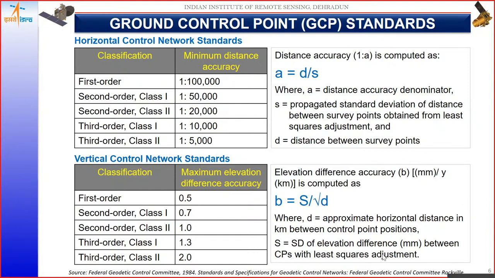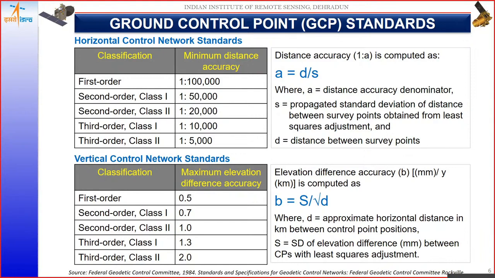With this mathematical relationship, I'll also try to simplify with an example as a rule of thumb. In general, for the scale of mapping versus accuracy, the planimetric accuracy, that is the horizontal accuracy, is 0.25 millimeter of the scale.